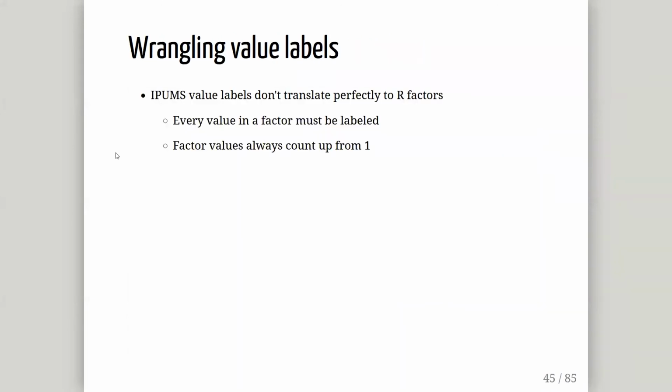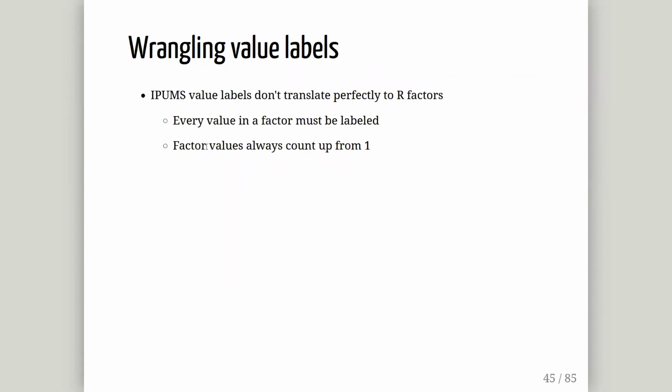Okay, so now let's talk about what you can do with these value labels, like if you want to recode the variables. So this is another potential stumbling block. IPUMS value labels don't translate perfectly to any base R data type. They're similar to factors, but every value in a factor must be labeled, whereas IPUMS variables sometimes only have certain values that are labeled, like a top code or a missing value in an income variable or a quantitative variable.